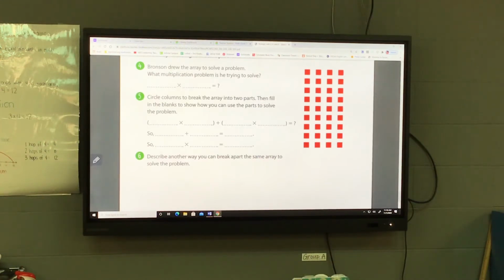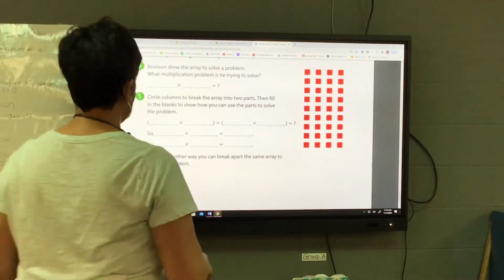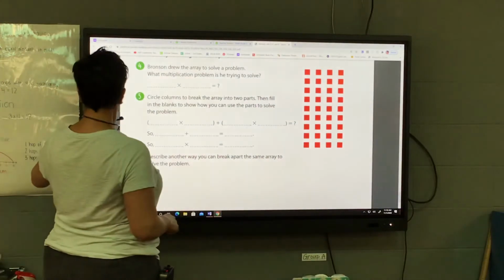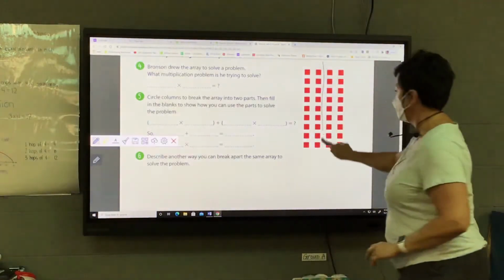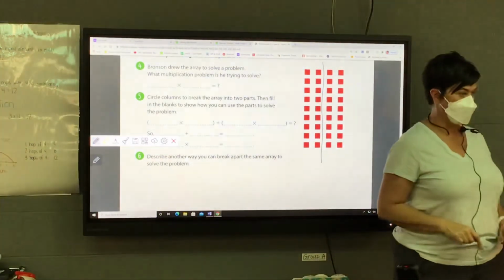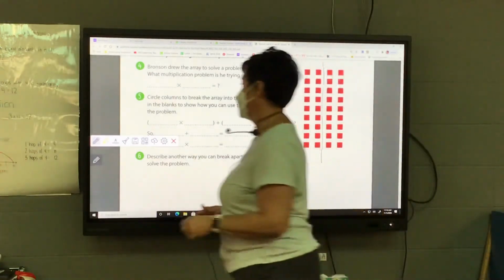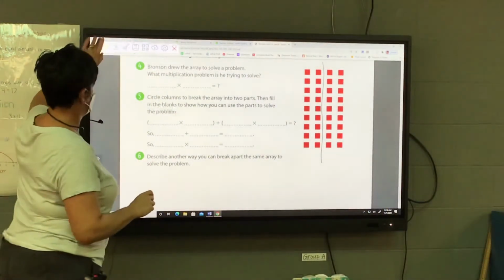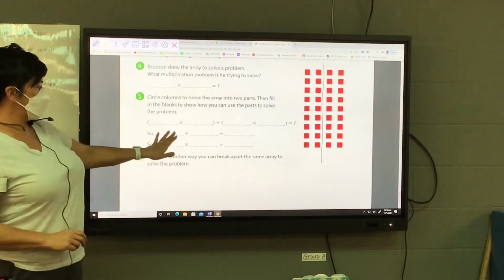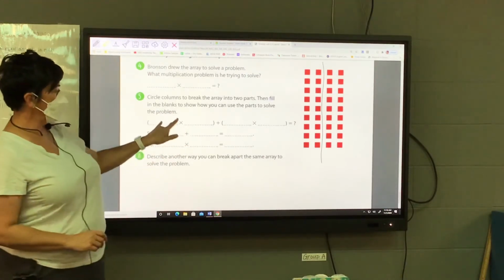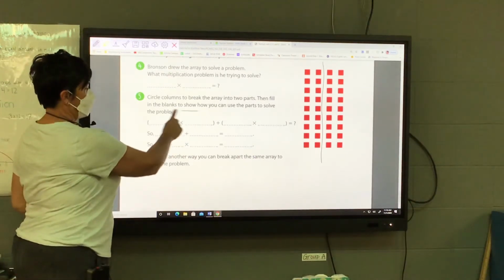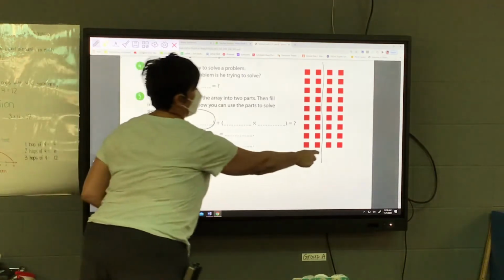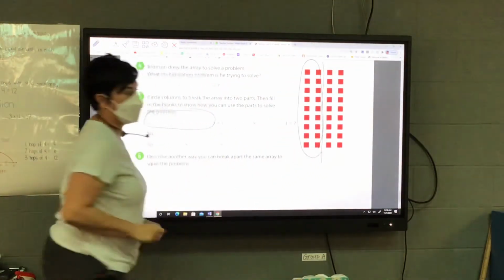Good job. Okay, so I'm seeing, let me get back to a pen here. I'm seeing this is how you broke your array. Okay, that makes sense. So now you are going to create the multiplication problem here that goes with the information shown on this side.